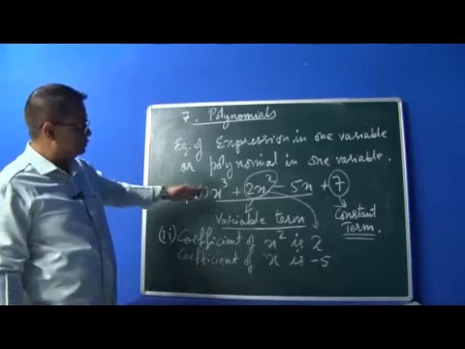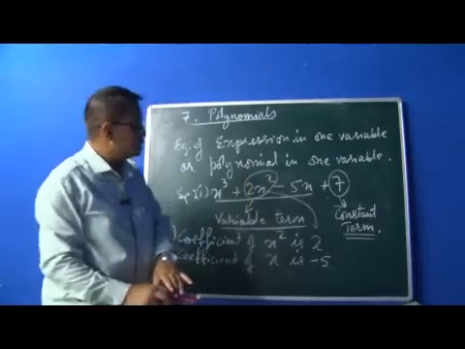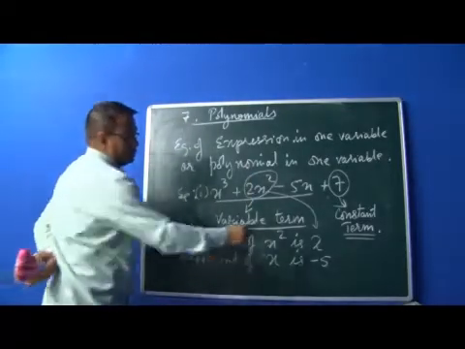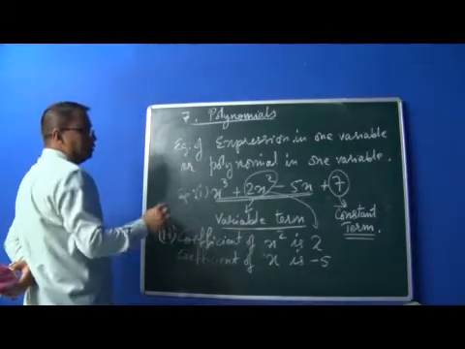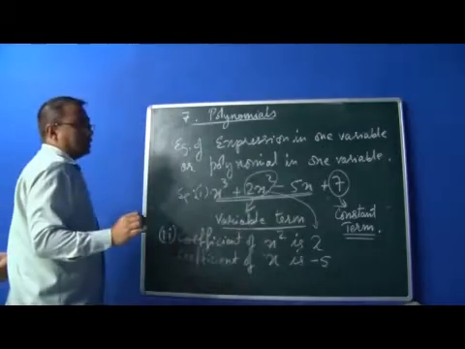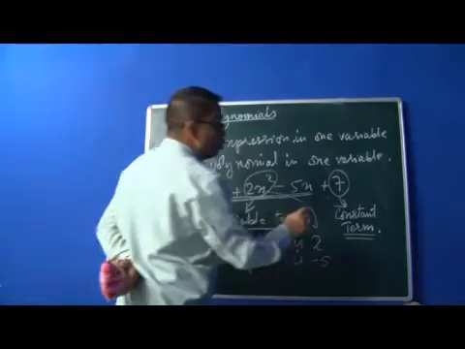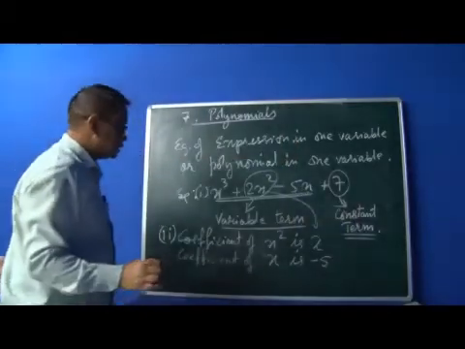Let us take one example, x cubed plus 2x squared minus 5x plus 7. The terms where there is a variable, we mention as a variable term, and the terms where there is no variable, we mention as constant term.